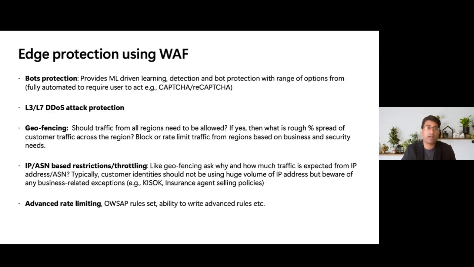From a security standpoint, when you plan for deployment, what would be the key controls that you're looking at? The list can go much longer, but I do want to highlight some of the things that we find extremely effective against certain types of attacks. The first thing is really bot protection.